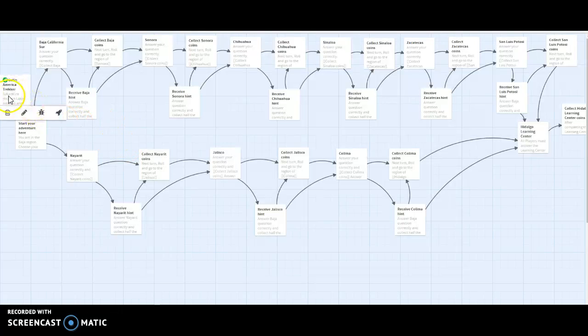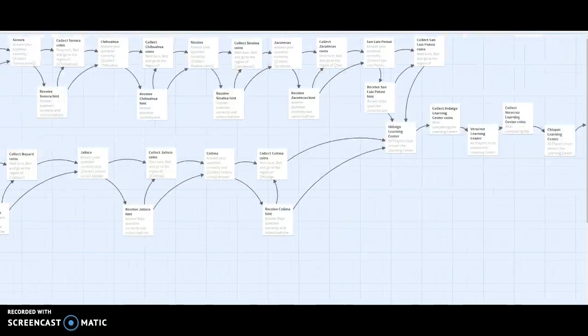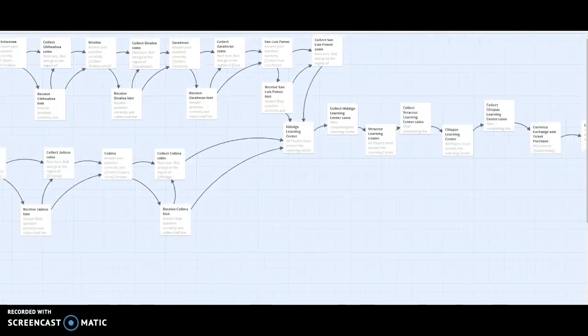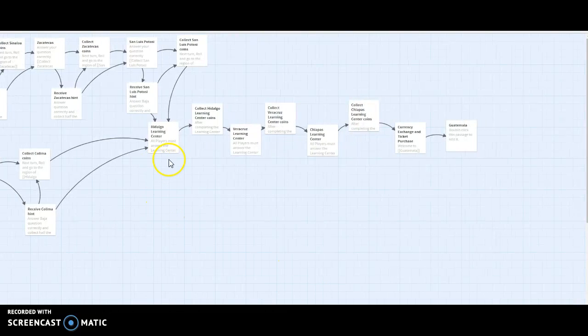The beginning gives an overview of the objectives and the game rules, and then they start their adventure. At that point they can choose either a longer path with more coin options or a more direct path, and either way they end up at the learning center, where I would need to flesh things out a little more.